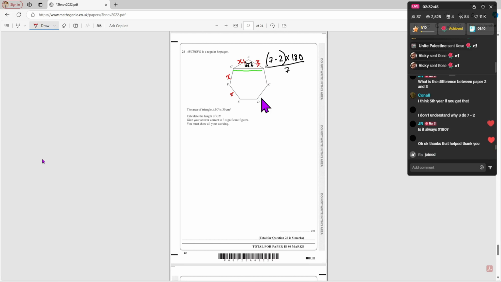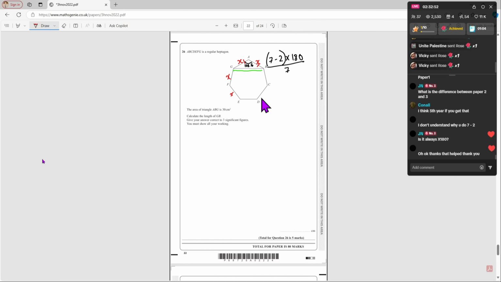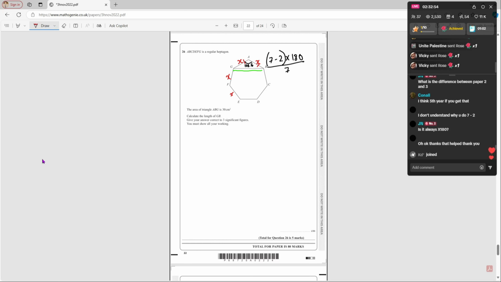So does anyone know what formula we're going to use? The area of the triangle formula that has the sine in it. Have you ever heard of half ab sine C?